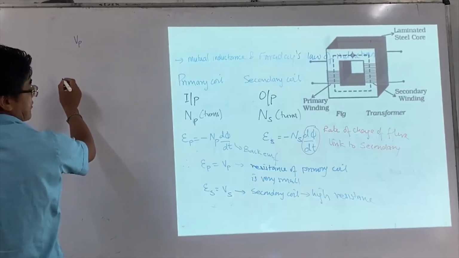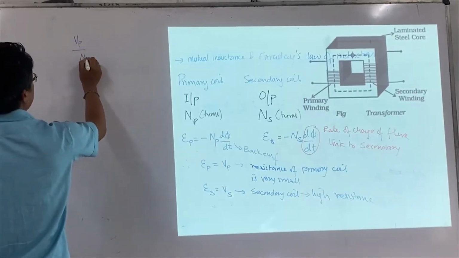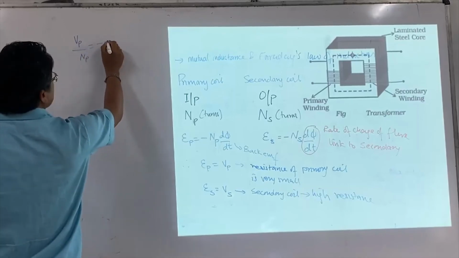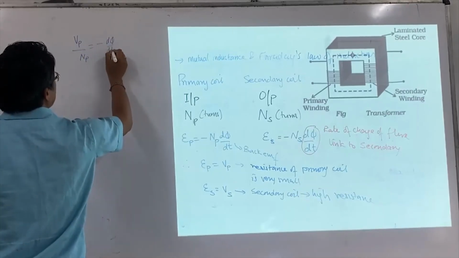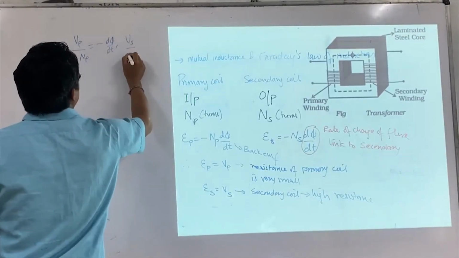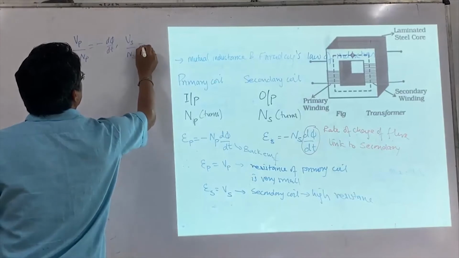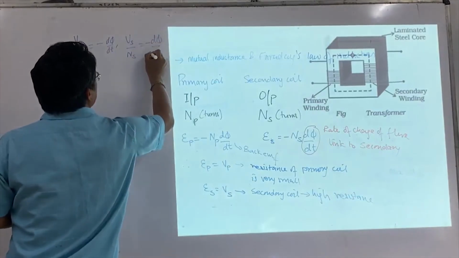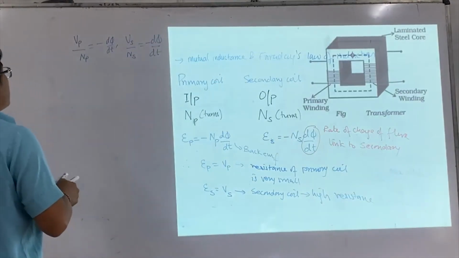Vp divided by Np is equal to minus dΦ/dt, and Vs divided by Ns is equal to minus dΦ/dt.